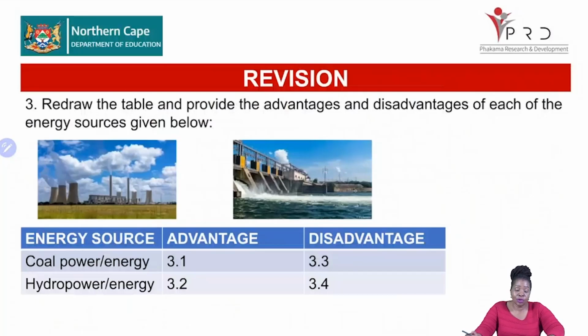Right, so we're supposed to provide the advantages of the coal power energy and the disadvantages of the coal power energy, and also provide advantages and disadvantages of hydropower.